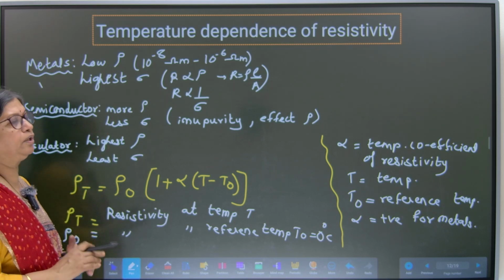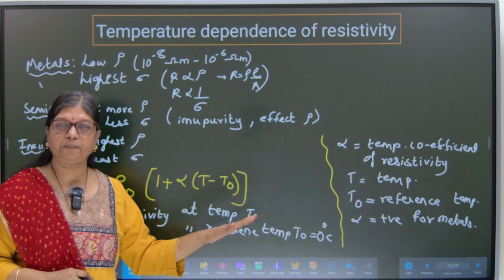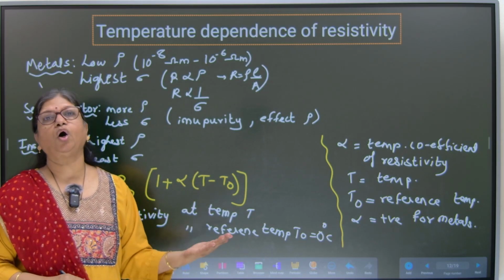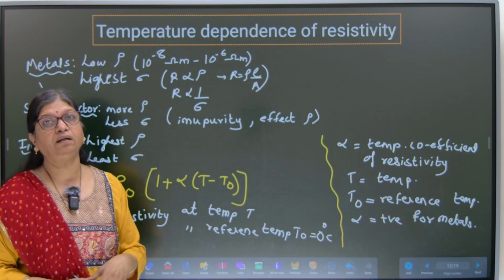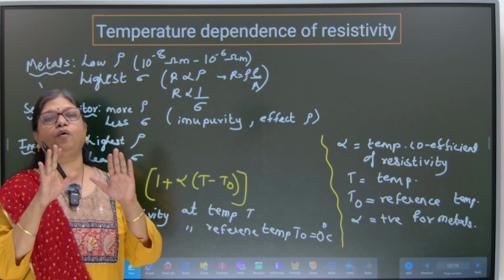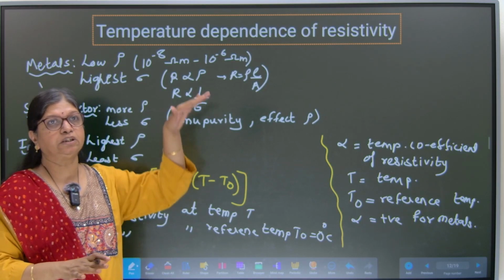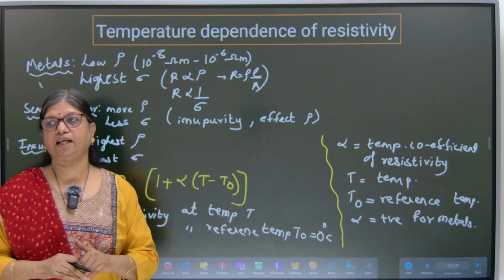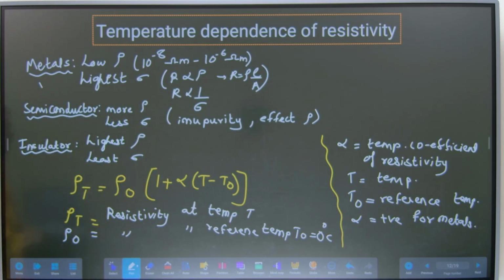Fine, I hope you have understood this concept. On the basis of this concept, we will draw graphs and explain the dependence of resistivity on temperature for these materials. Try to understand this concept so the others will be easier for you.